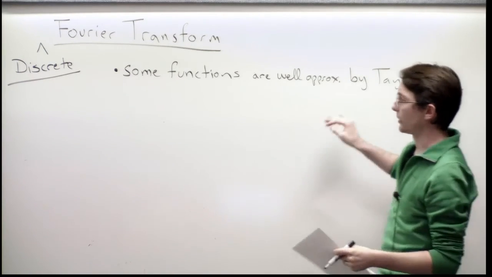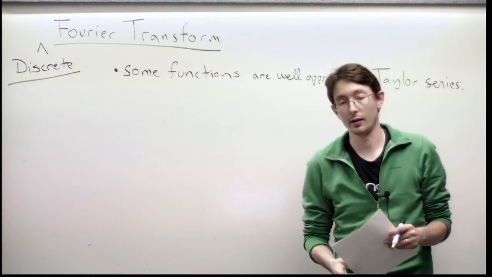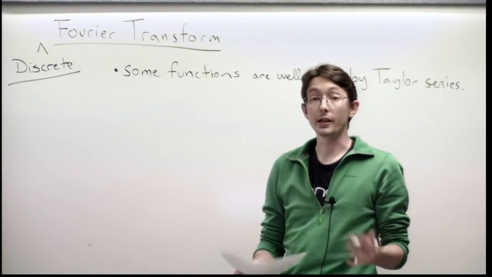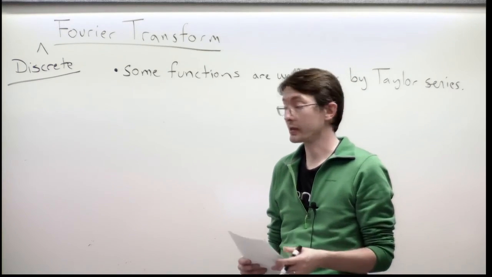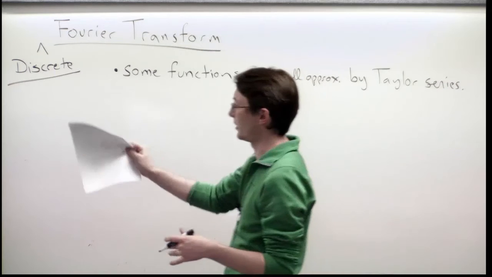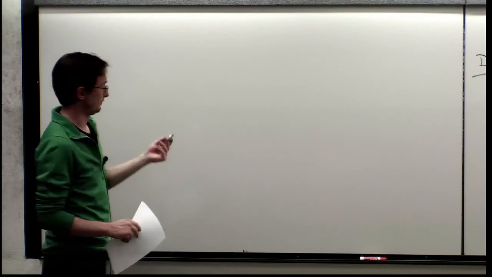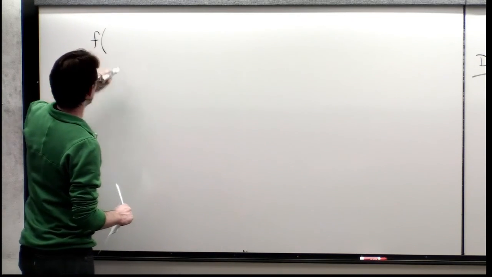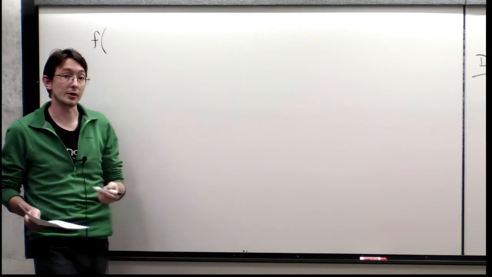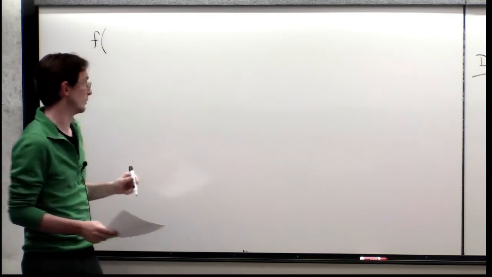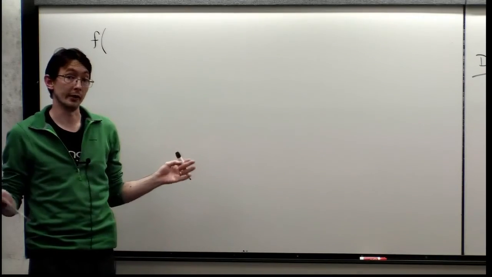If you don't remember what the Taylor series is, please remind yourself, do some examples. It's very, very important. So maybe I'll just do one quick example on the side. If I have some function f, let's say that I know my function f about some nominal value, and I also know all of its derivatives.